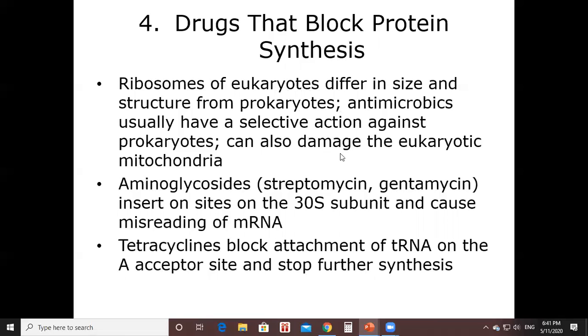They can also damage the eukaryotic mitochondria, so we have to be careful about that, because eukaryotic mitochondria is thought to have been previously a prokaryote that was engulfed by a eukaryote. And so if you have a substance that will be effective against the prokaryotic bacteria, we may actually have some damage to the mitochondria in different cells. So that's something we have to be careful about.